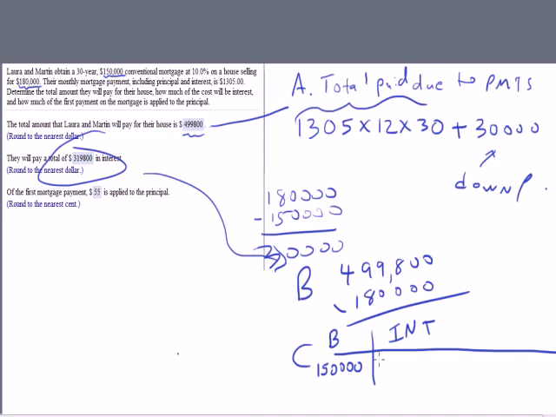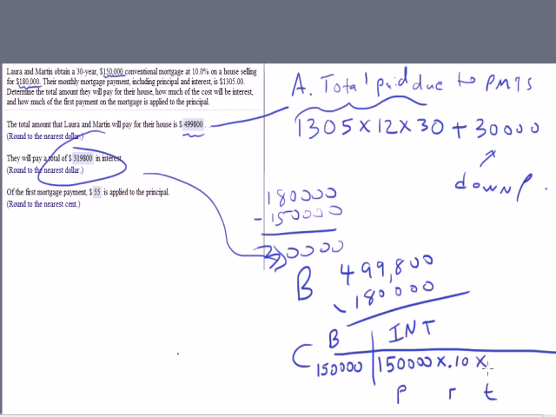But to find the interest, it's working as if it was simple interest over one time period. Here, the initial balance was $150,000, so we'll take $150,000 times the interest rate. This is PRT, from simple interest. The interest rate here is 0.10 times the time.